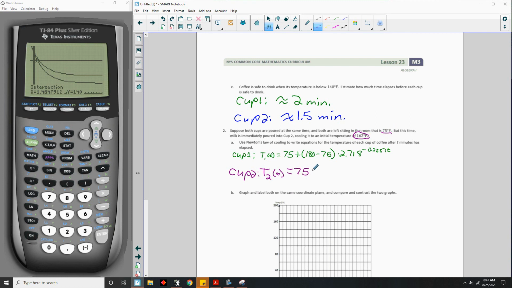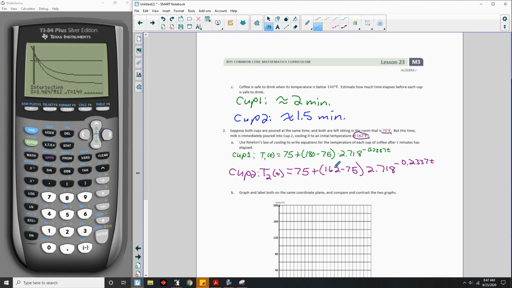Room temp. Plus initial temperature is now 162 minus the room temperature times that same 2.718 to the negative 0.2337 t. So the only thing that changed adding milk was the initial temperature of 162.